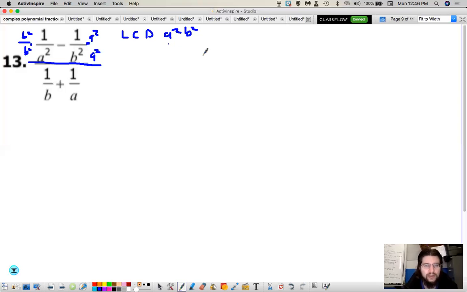So I'm going to rewrite the numerator as b squared minus a squared over a squared b squared. That's my common denominator, right?